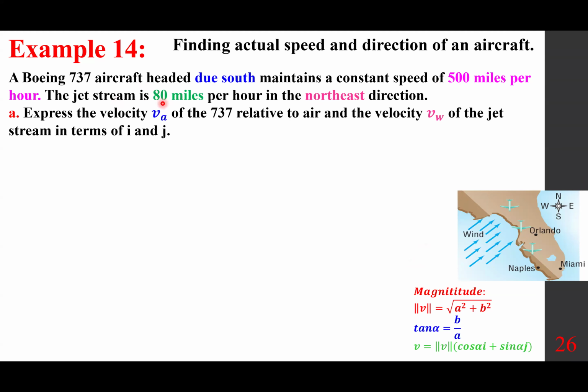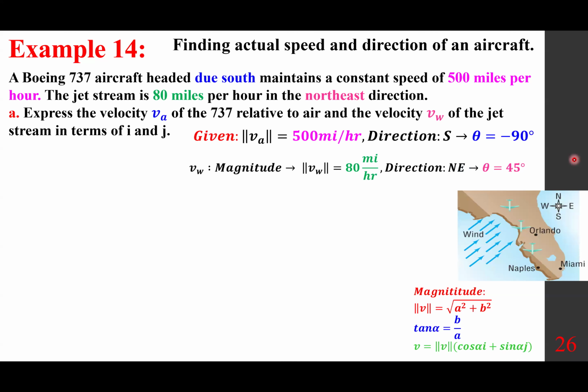And the jet stream has the magnitude of 80 miles per hour. The direction is northeast. That means 45 degrees. Again, south means negative 90 degrees, right? Okay. And northeast means 45 degrees.